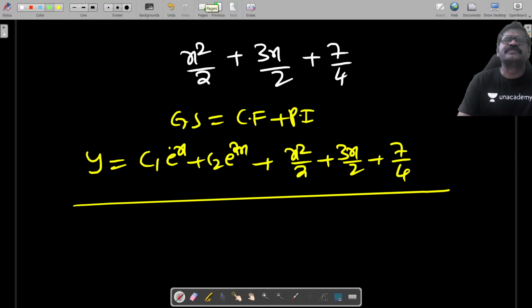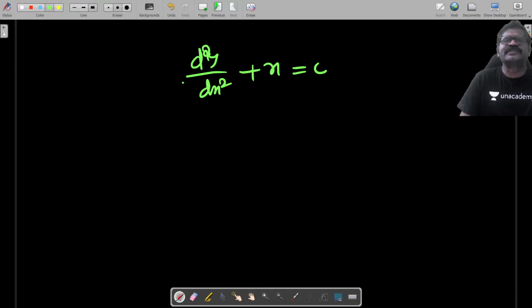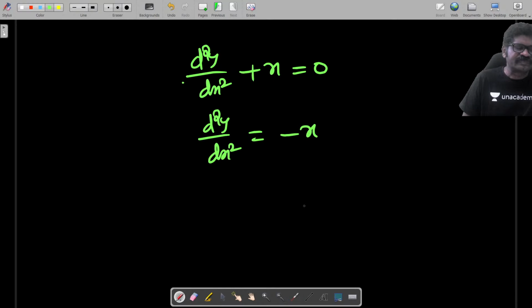Next problem. Solve d square y by dx square plus x equal to 0. d square y by dx square equal to minus x. That is D square y equal to minus x.